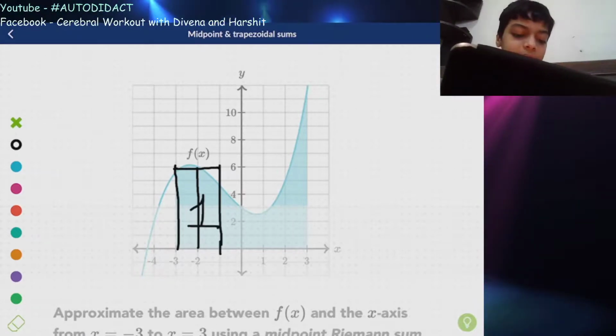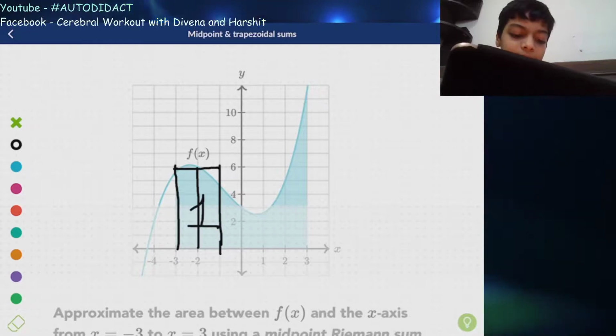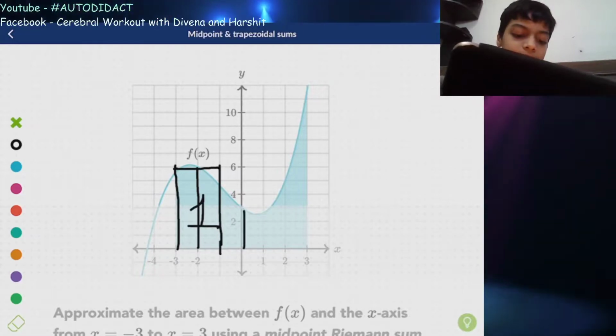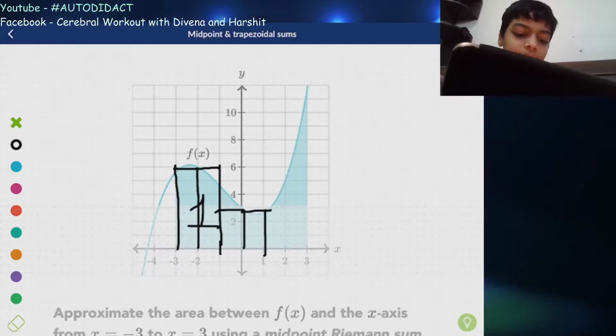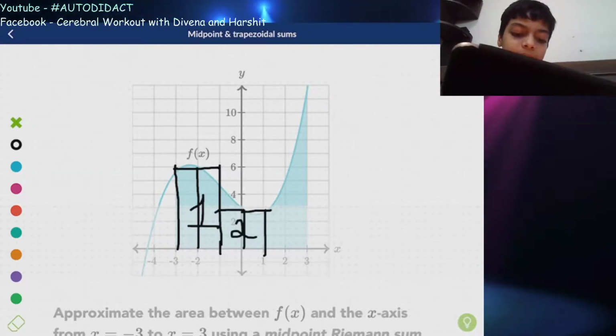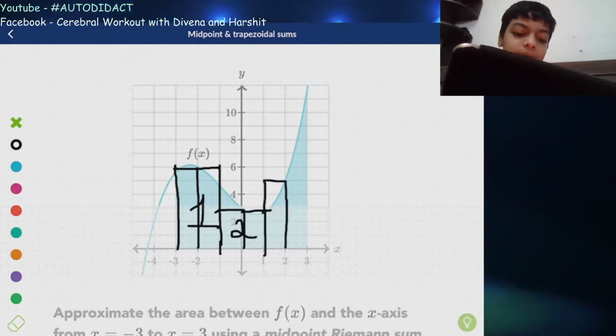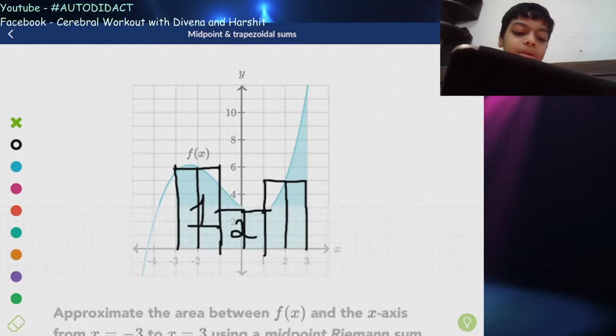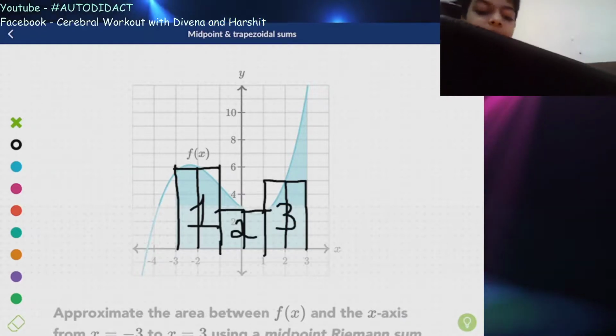Let's find the second rectangle according to the midpoint. The midpoint is over here, so this is its height. So this is rectangle number 2, and this one is rectangle number 3 according to the midpoint Riemann sum.